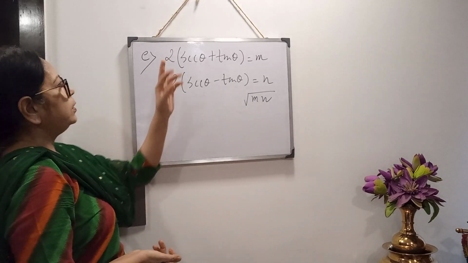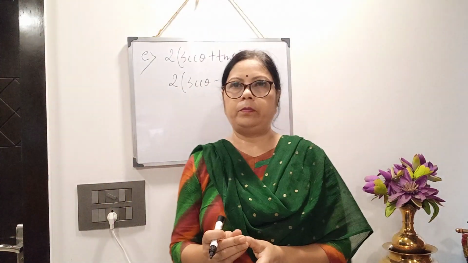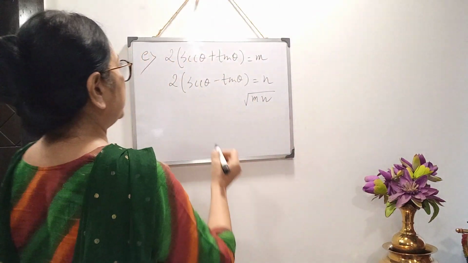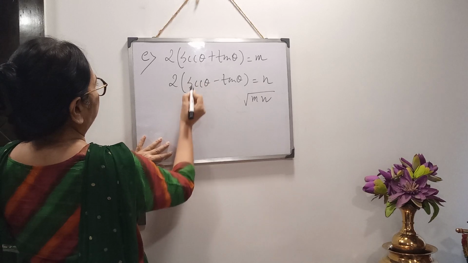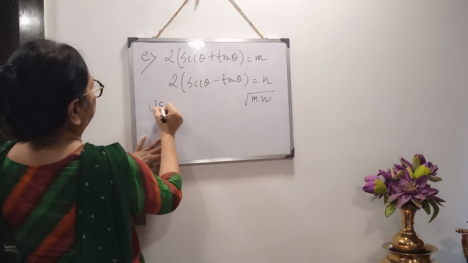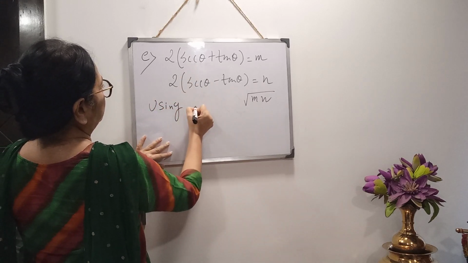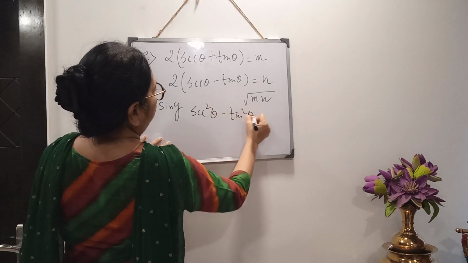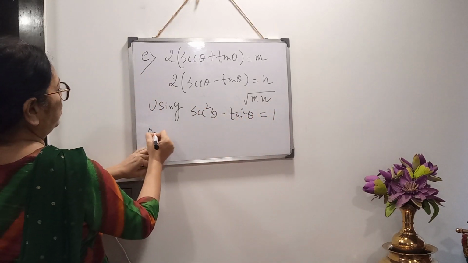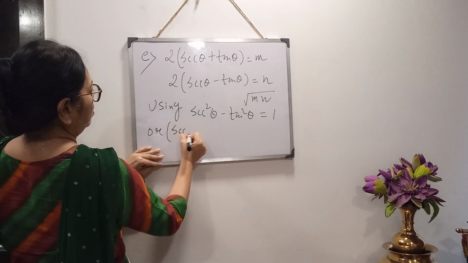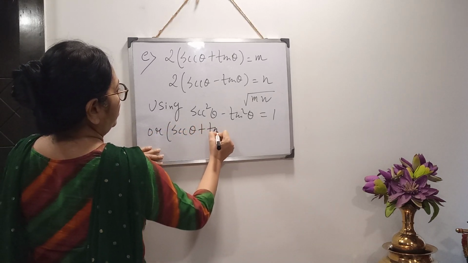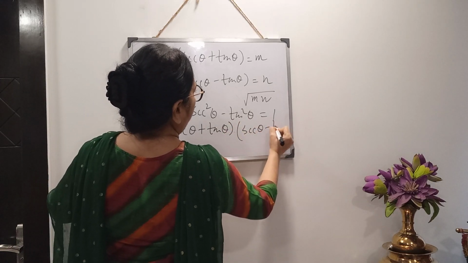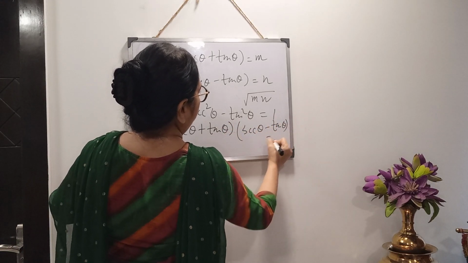Okay, here sec and tan are given, so you know what formula you have to apply. Sec square theta minus tan square theta equals 1. Clear? So using that relation, now the a square minus b square formula, a plus b into a minus b equals 1.